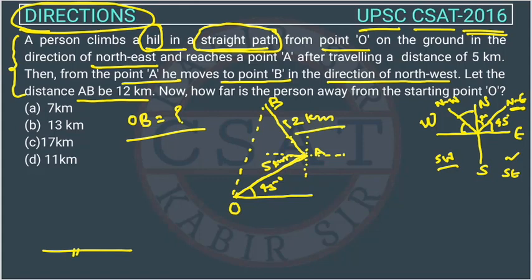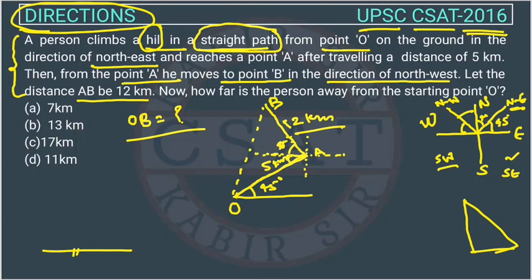We know this is 5 kilometers and this is 12 kilometers, so we can apply the Pythagoras theorem. Some people may get confused about how we can apply it here, because the Pythagoras theorem applies to a right angle triangle. This angle is 45 degrees, and the northwest direction also makes an angle of 45, so the total is 90 degrees, which makes it a right angle triangle.